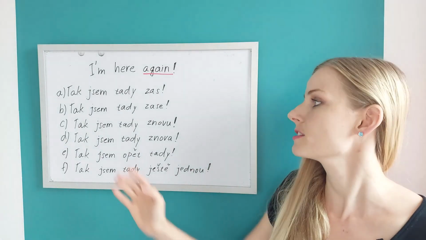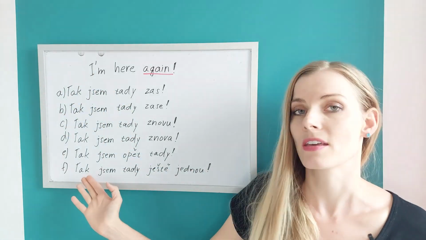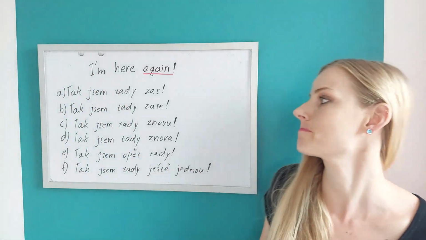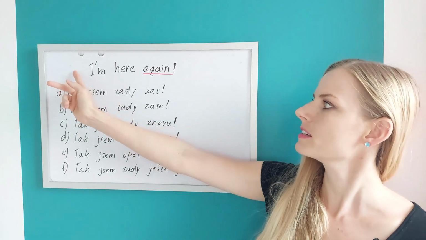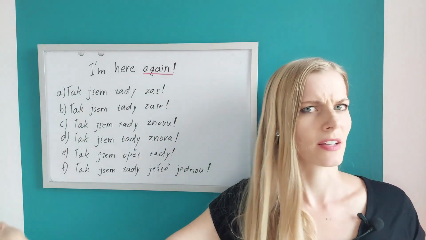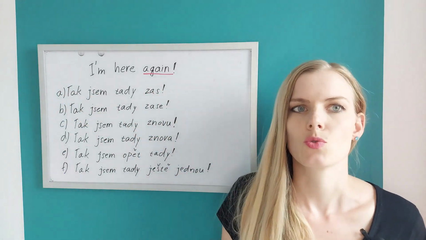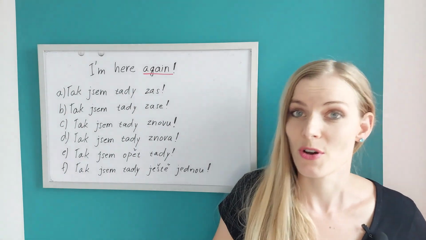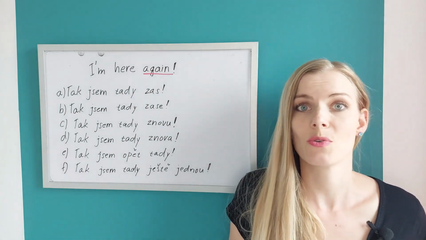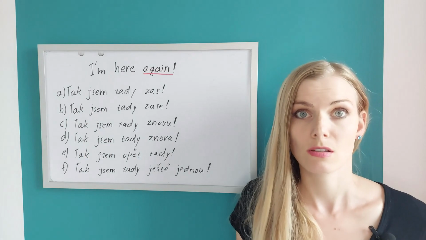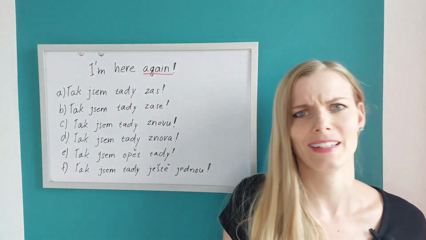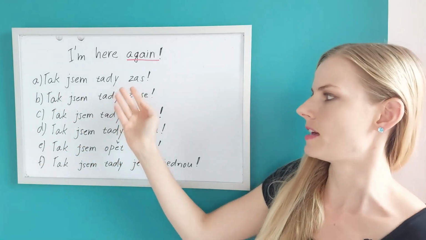First of all, let's look at these 6 sentences that are very, very similar. Imagine you want to translate, I'm here again. Imagine you're walking into a store where you often go and you want to be friendly, you know the shop assistant. So you want to say, so, I'm here again. You could say, tak jsem tady zas.